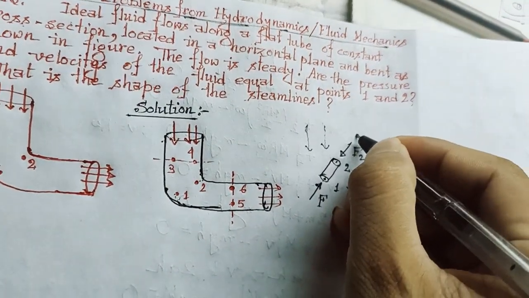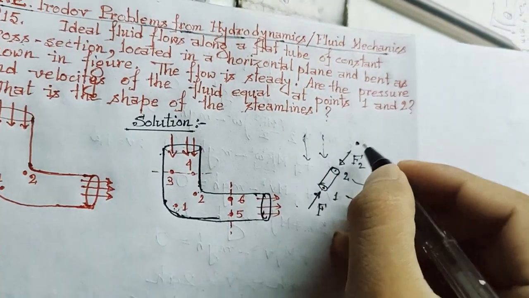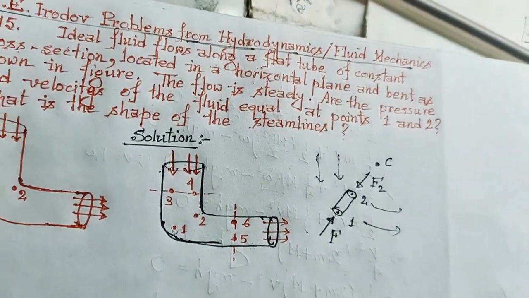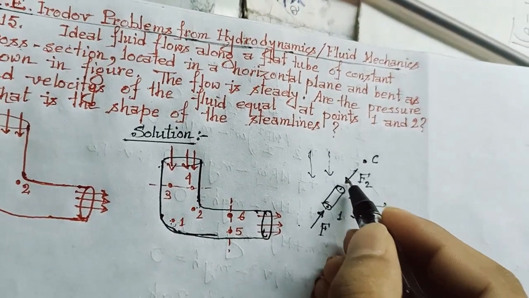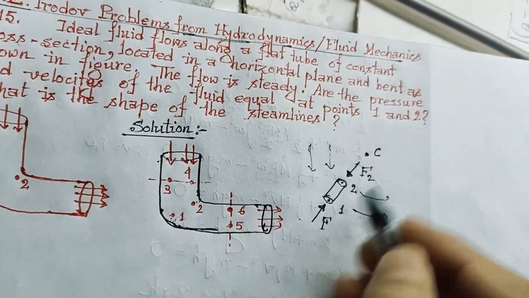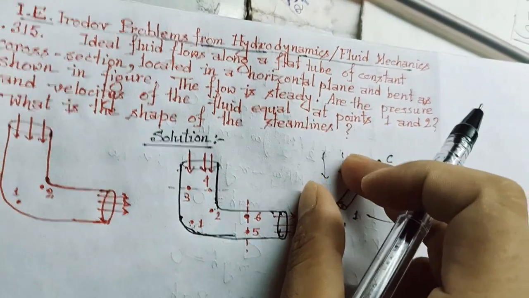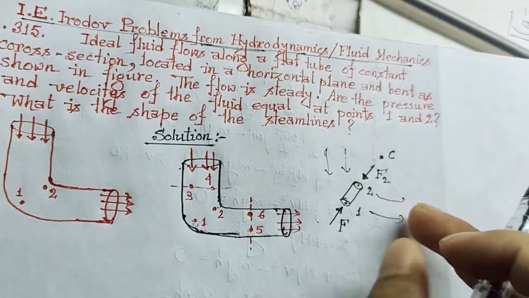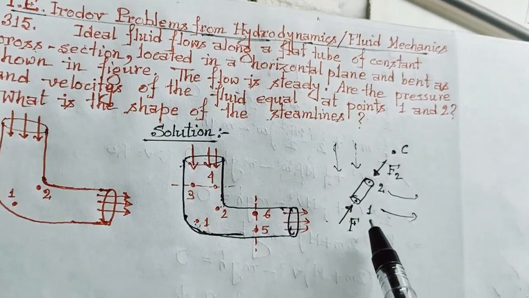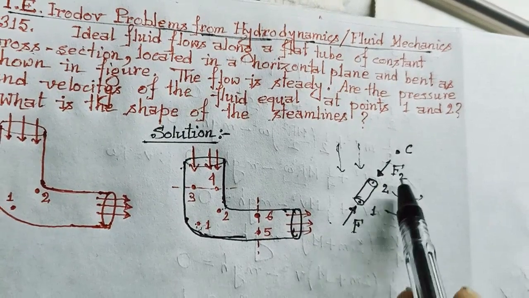Now as this element is covering a circular motion, let this be the center of the circle. The necessary centripetal force for moving this particle in circular motion is provided by the force difference between the 2 points, point 1 and 2.